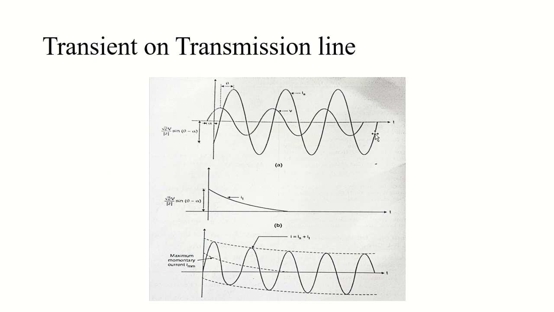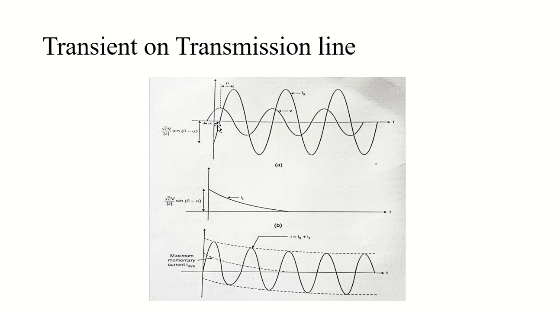Okay, and then this is theta. So here you can see the difference between both of them. This difference between this peak and this peak is theta, and based on that we will get the value of my steady state current.